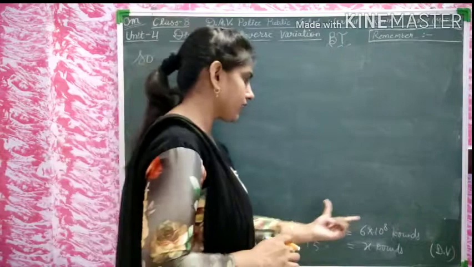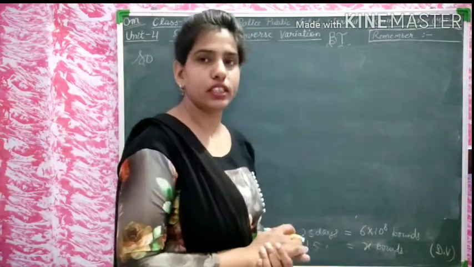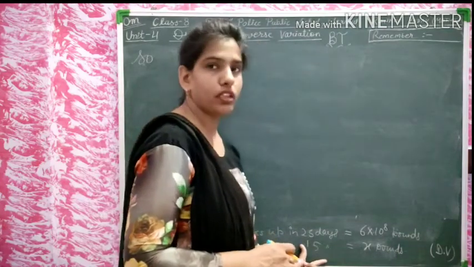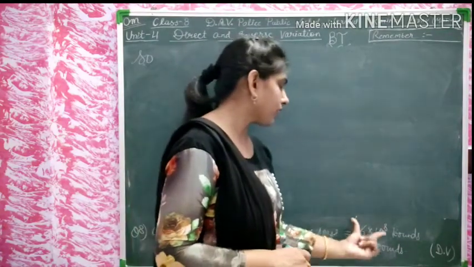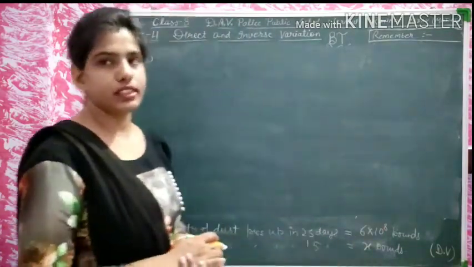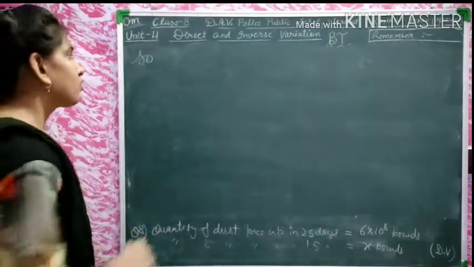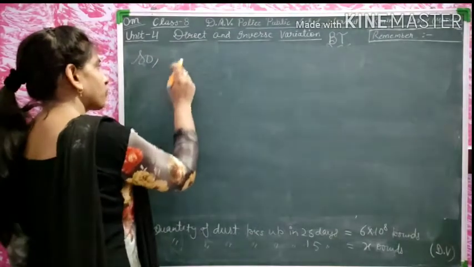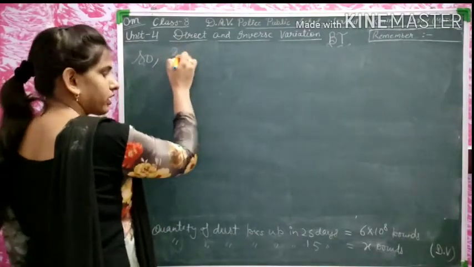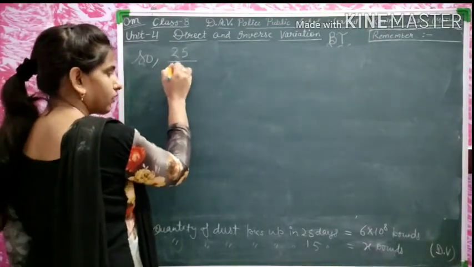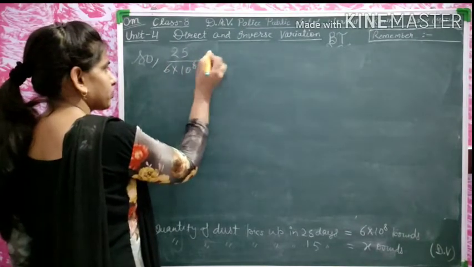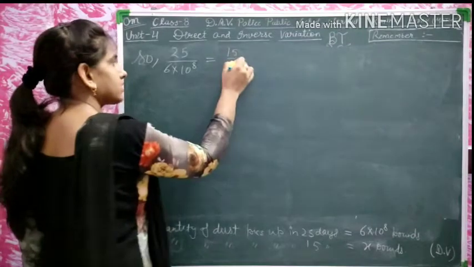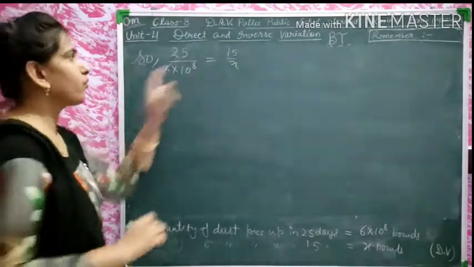And if the number of days is decreasing, the quantity of dust is also decreasing here. So there is a direct variation. So in direct variation, the ratio of two quantities, that is 25 days and dust 6 into 10 raised to power 8, is equal to 15 by x. Is this clear? Now we have to find the value of x.